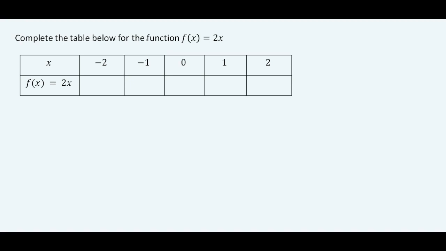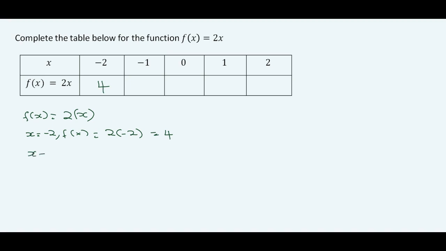For example, we have f of x equal to 2x. So what we're going to have now is f of x is equal to 2 parentheses x. So the x is the one that is going to keep changing. So if x equal to -2, f of x equal to 2 multiplied by -2, which is -4.